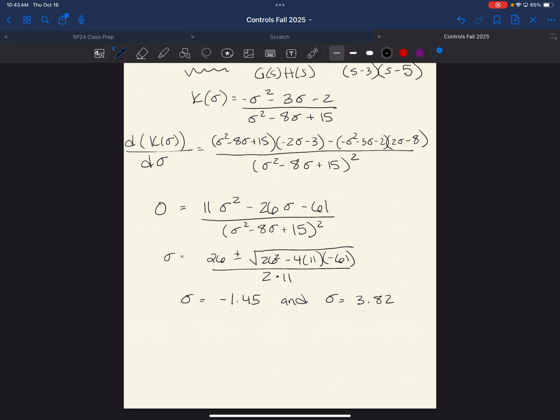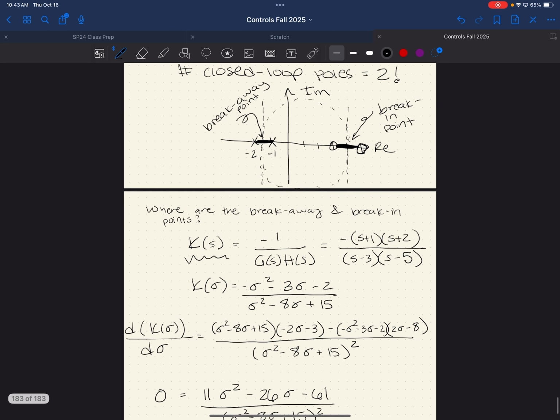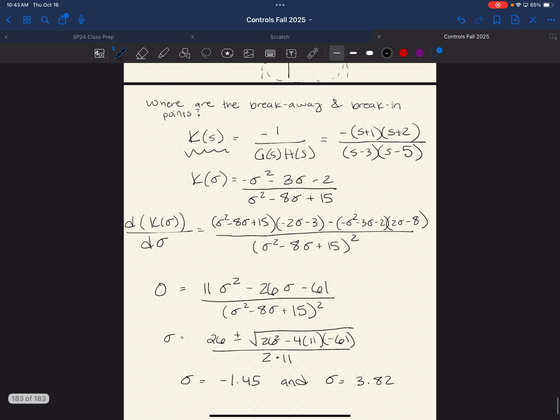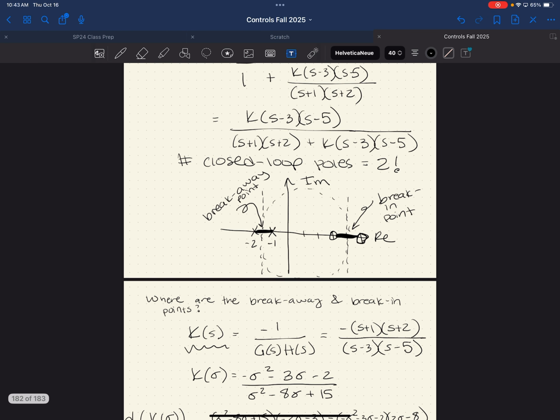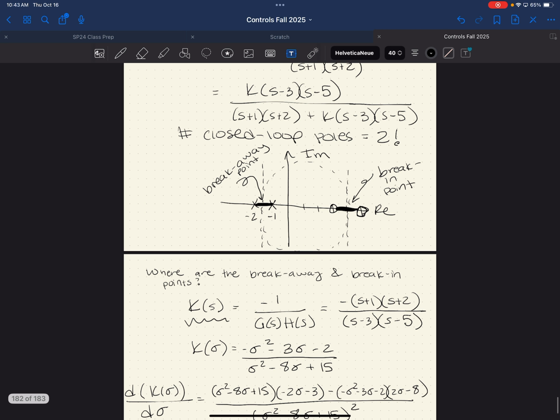So notice here that I didn't get minus 1.5. It was a little bit off of 1.5. So it's not perfectly between the two poles. And then I got 3.82, which is not the halfway point between 3 and 5. If it were the halfway point, it would have been 4, but it's not.